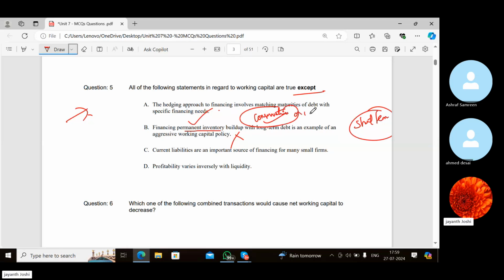Conservative or moderate policy, correct? So in conservative or moderate policy, they use long-term debt to fund their more permanent or long-term assets, but short-term debt is used more in the aggressive policy. Fine.